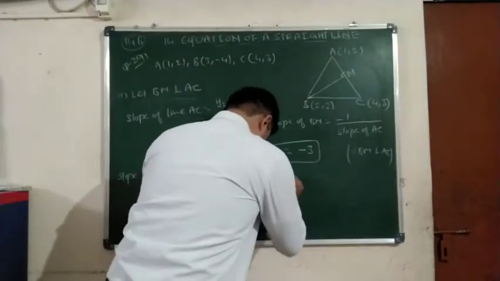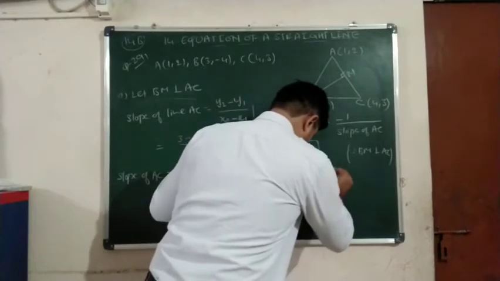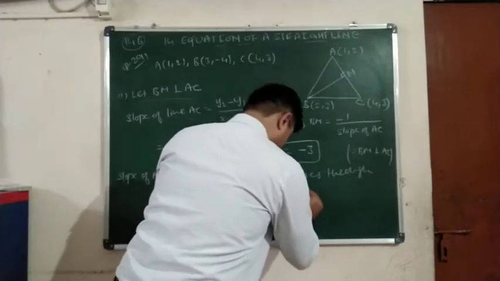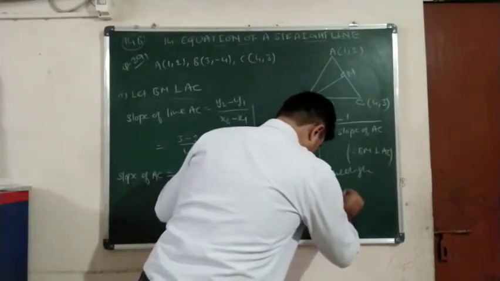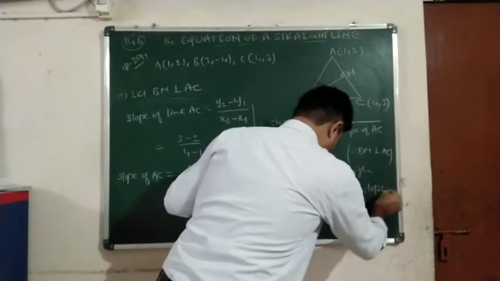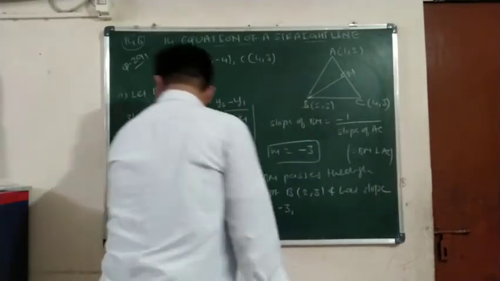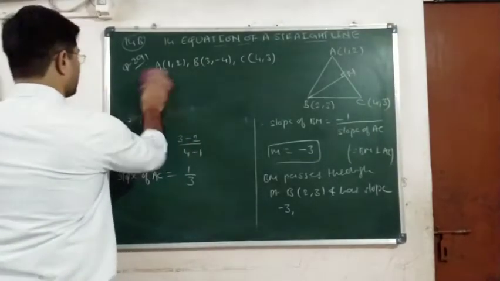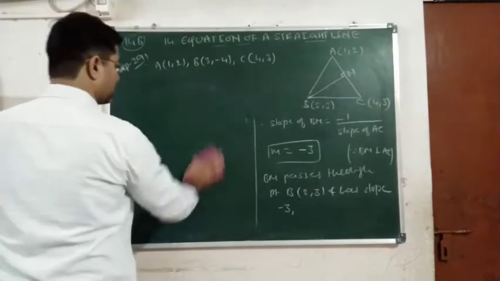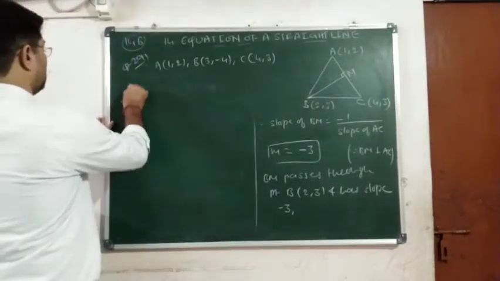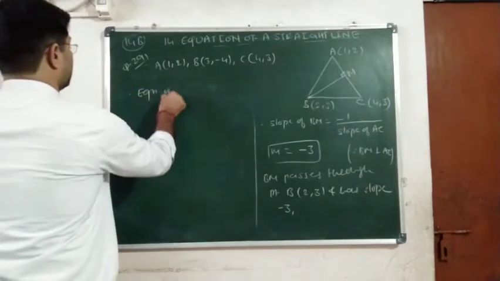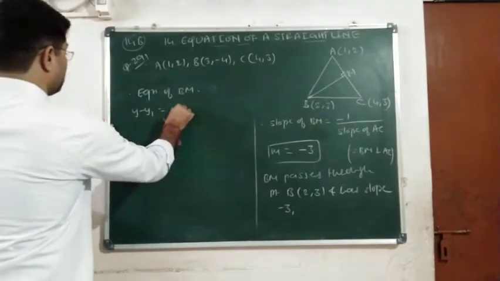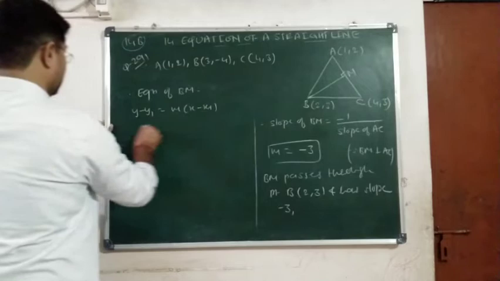BM passes through point B(2, 3) and has slope minus 3, and therefore equation of BM will be given by y minus y1 is equal to m into x minus x1.